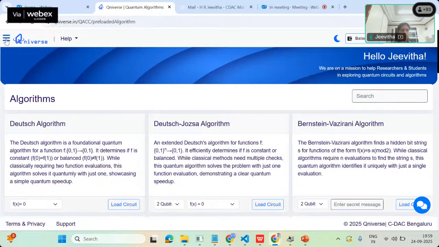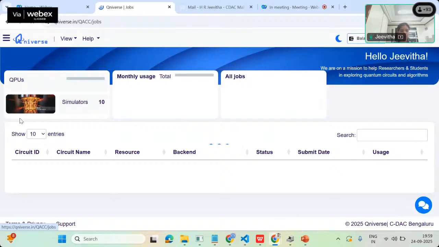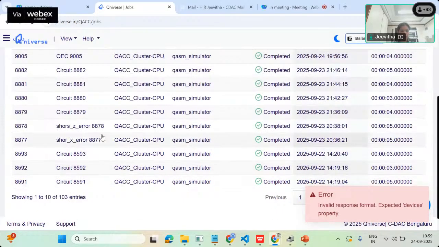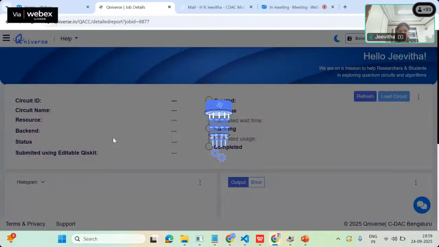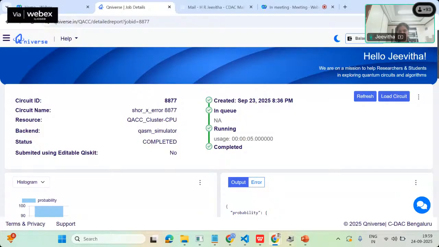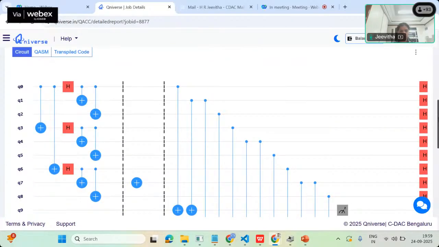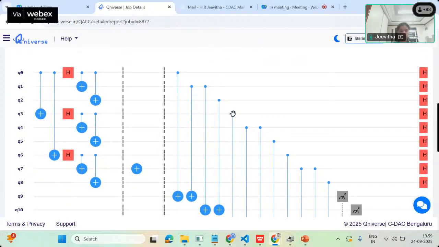I can show you Shor's algorithm as well, which I have already executed with respect to X error and Z error. Shor's algorithm is also available in Qniverse. You can try it out, which has a random flip. This will be the Shor's algorithm for the X errors, where we have to introduce the error.